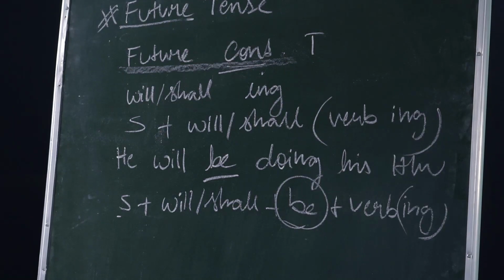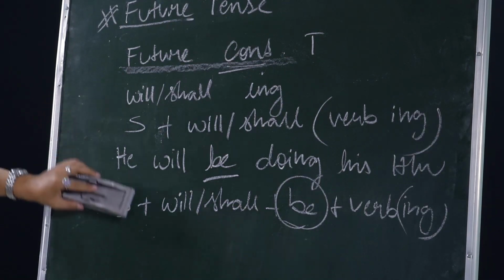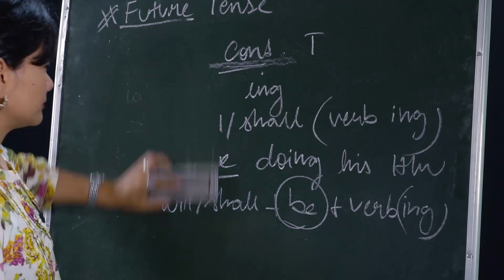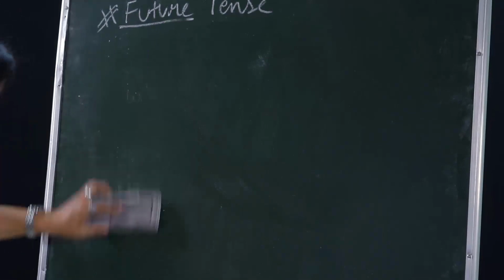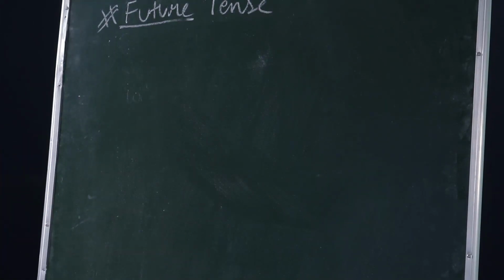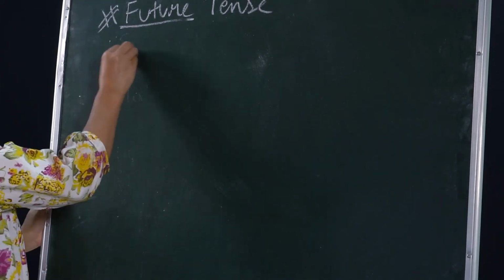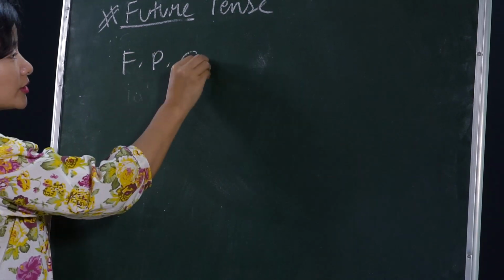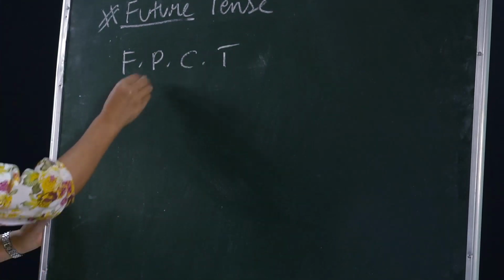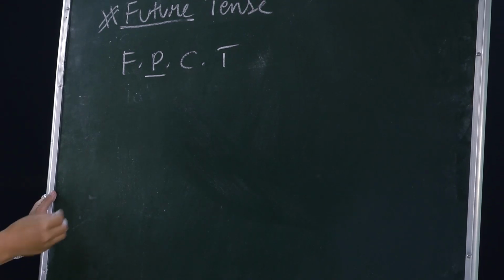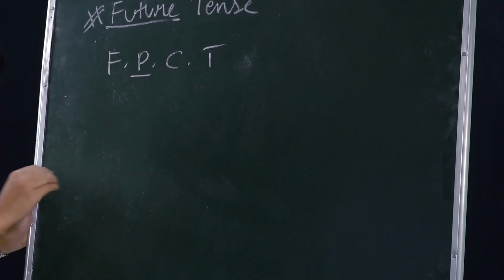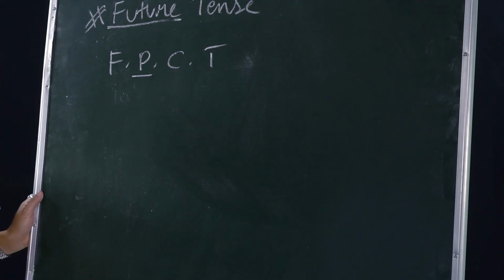Now the next one, we would move on to future perfect continuous tense. Remember, if it is perfect, we need has or have. And since it is future, we cannot use had. So we can leave that out.